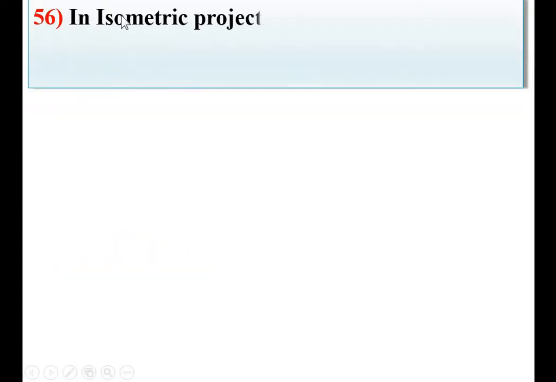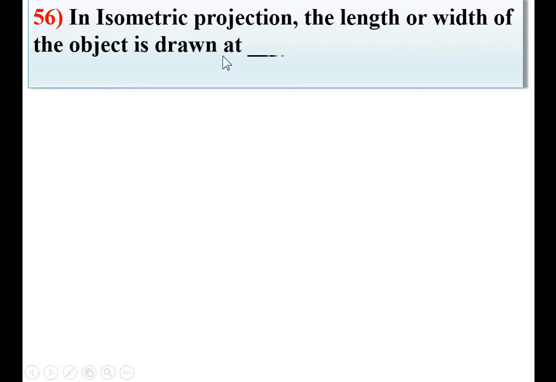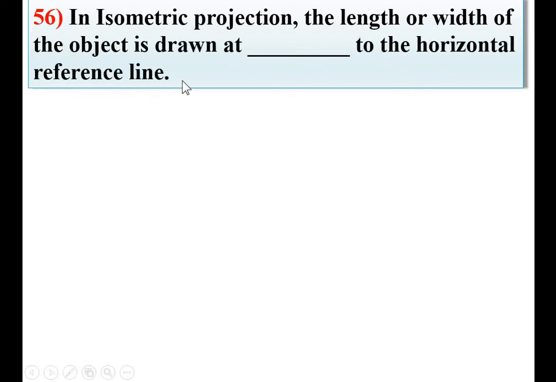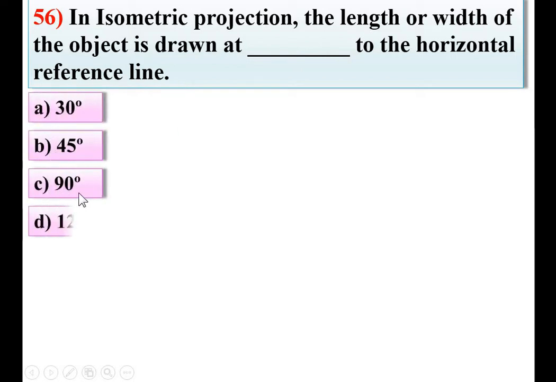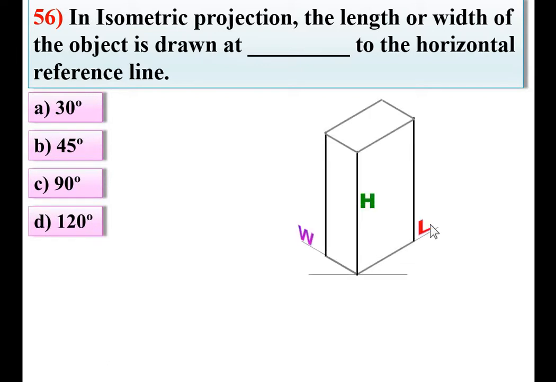Next, in isometric projection, the length or width of the object is drawn at blank to the horizontal reference line. Options: 30 degree, 45 degree, 90 degree, 120 degree. So let's consider the image of the isometric drawing.